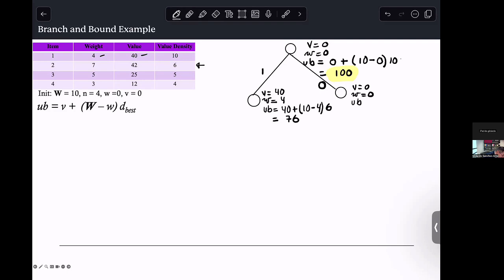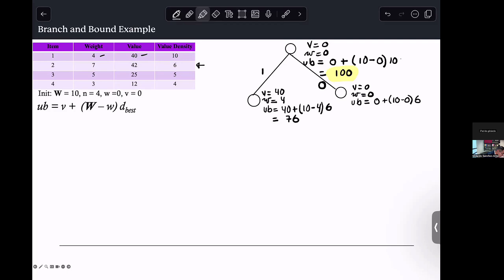The upper bound, though, is going to be different because this is going to be 0 plus times 10 minus 0. But since I decided not to consider the first item, then the best is going to be obtained with the remaining items that I haven't chosen. That is, the best is going to be 6.